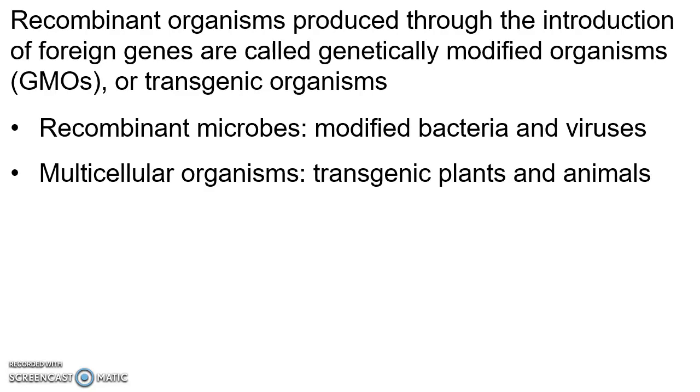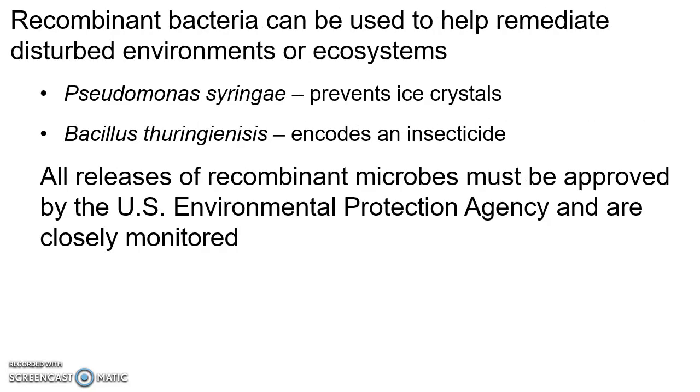And so you can have everything from microbes to plants and animals that are GMOs, and you will have recombinant microbes that include bacteria and viruses, and then you can also have transgenic plants and animals. Okay, so when it comes to recombinant microbes, those include bacteria and viruses.